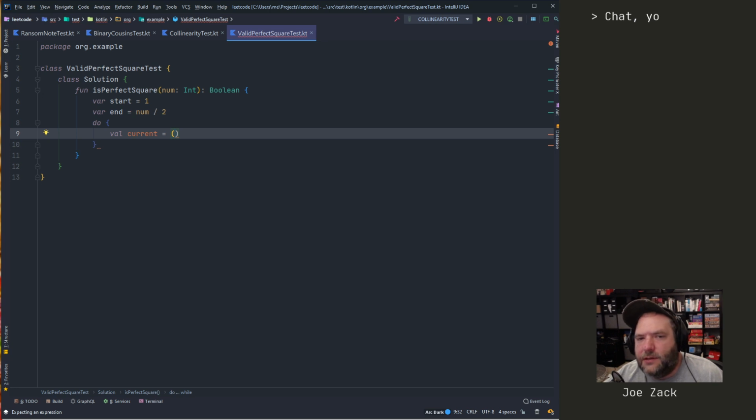So I think we can do basically the difference between these two. So end minus start, divided by 2, plus start. So let's say in the example we just gave, that would be 7 minus 1, which is 6, divided by 2 is 3, plus 1 is 4.